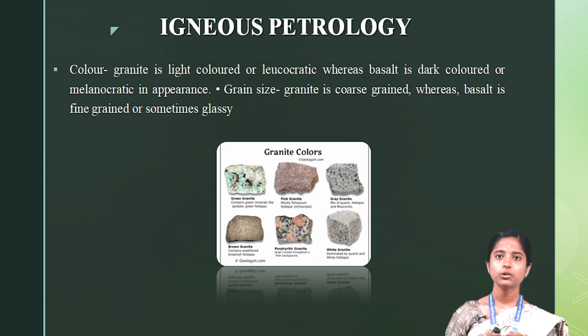If the rocks are fine-grained to glassy, their mineral arrangements are not visible to the unaided eye, so we refer to the petrological microscope. If we study the rock in a petrological microscope, that is called a microscopic feature. We will discuss these microscopic features through slides in the petrological microscope.